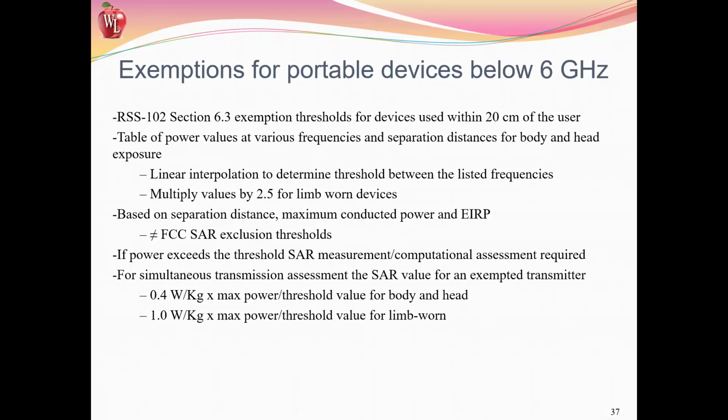And if power exceeds the threshold, SAR measurements or computational assessment is required. These would be for portable devices. If you're not exempt, you have to do the test. Simultaneous transmission, again, you got to be under the thresholds.